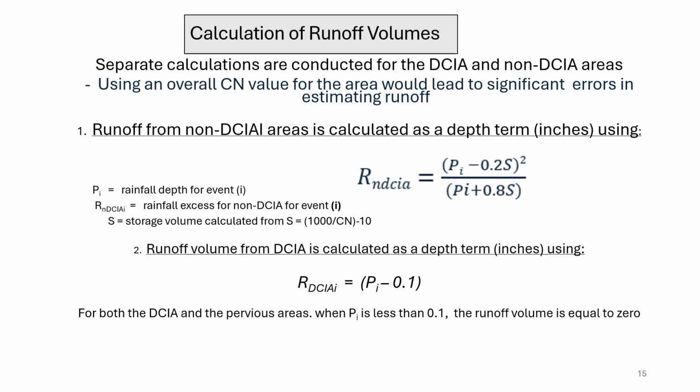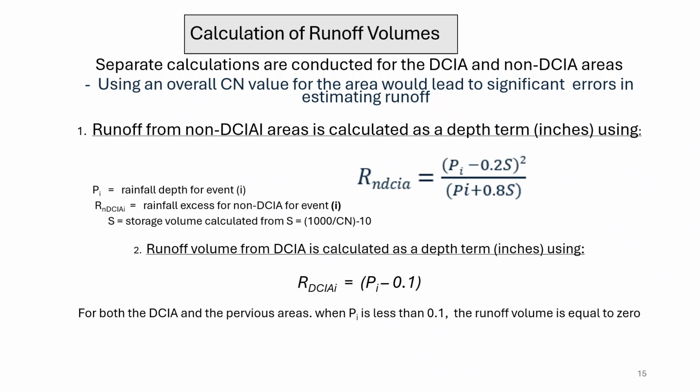A key component here is S, the storage volume, which is directly calculated from the curve number using the formula S equals 1000 divided by the curve number, minus 10. This S value is central to the SCS method for estimating runoff from pervious surfaces. Conversely, runoff volume from the DCIA, or directly connected impervious surfaces, is calculated more simply as a depth term in inches.